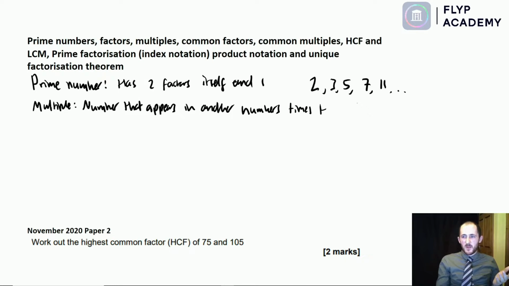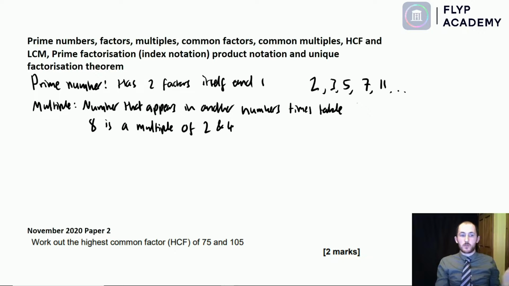Might sound a bit weird, but for example, 8 is a multiple. So what times tables does 8 appear in? It's 2 and 4. Okay, so that's all it means. So 16 is a multiple of 2, 4, 8, and so on.